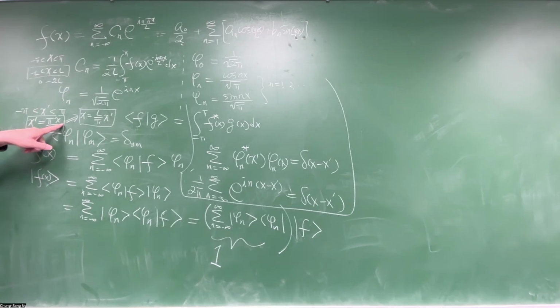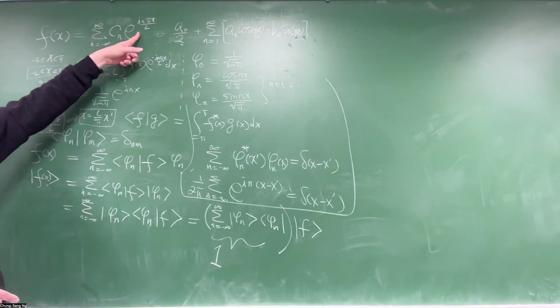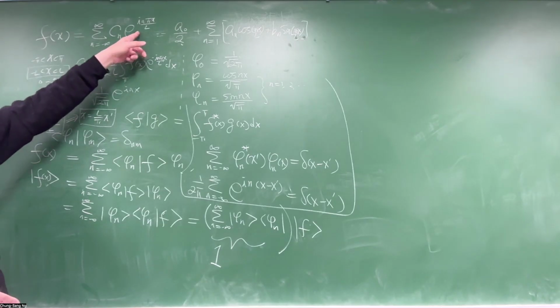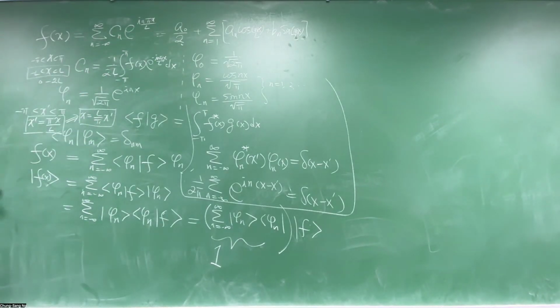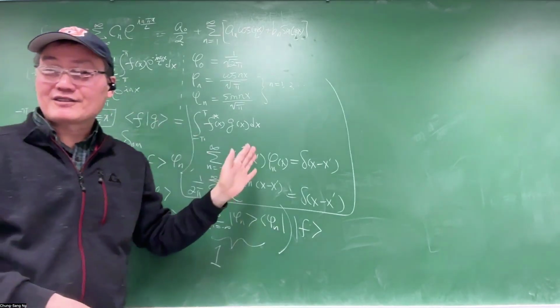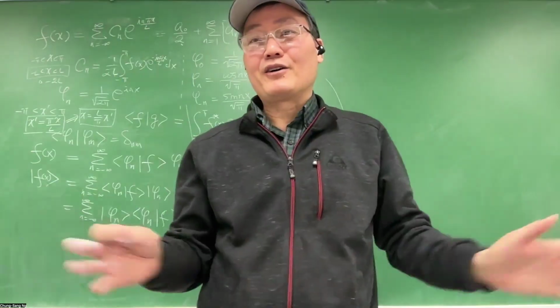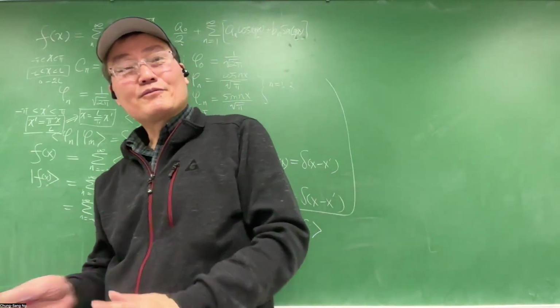And likewise, x equals minus L, cancel this, you get minus pi. So whatever the x prime is here, you use this formula and substitute it with pi x over L. What I'm showing you is how you rescale it, so that you don't need to remember another set of formulas. You can figure that out, right?